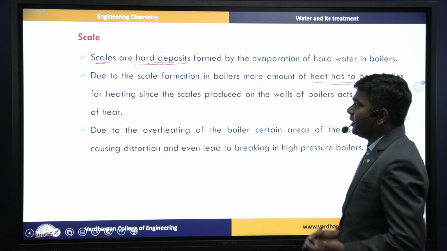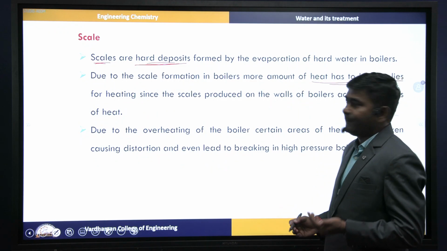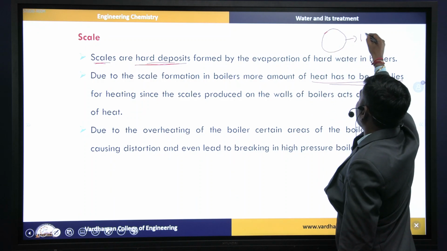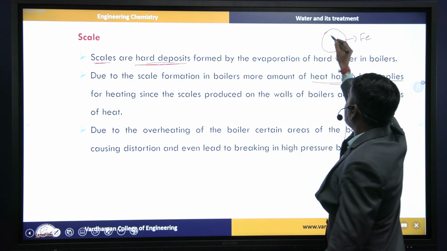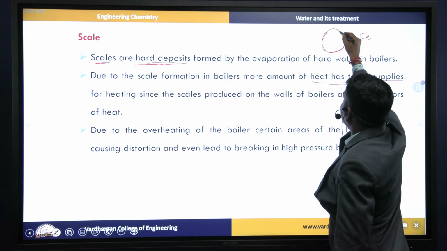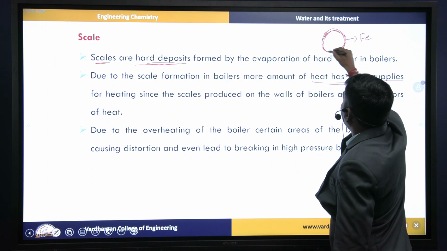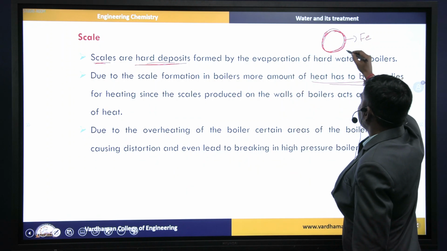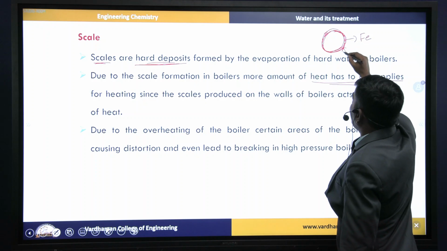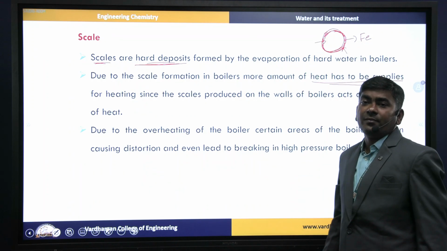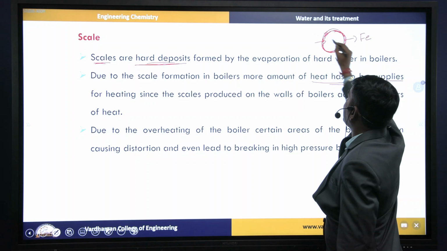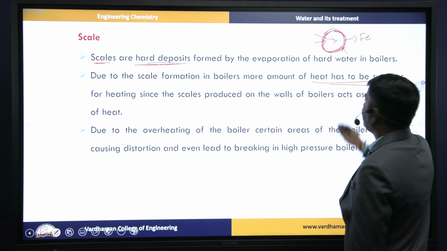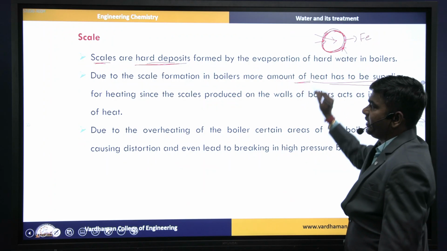When an extra layer is formed, assume this is a boiler wall made with iron, and an extra layer is forming, now we need to give more temperature, because we need to heat this wall and also this extra layer. Then only does the water reach its boiling point and start evaporating. So we need to supply more heat.